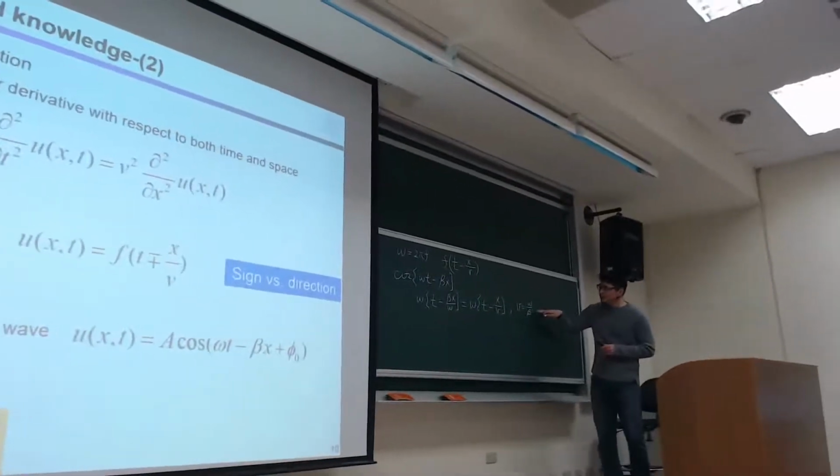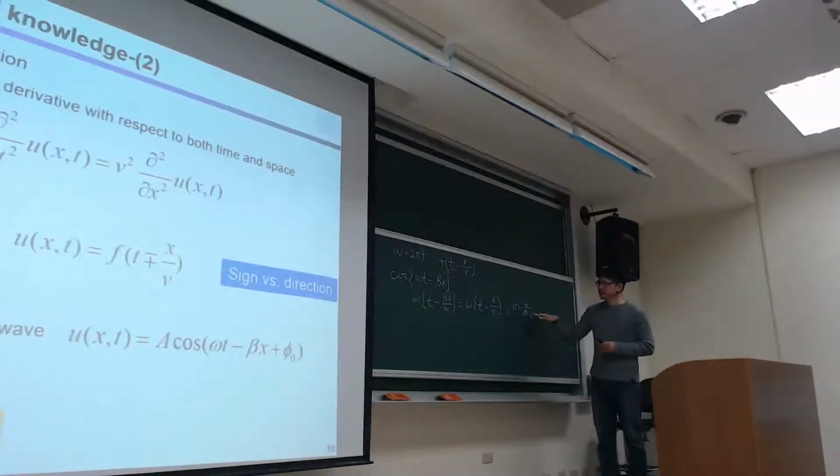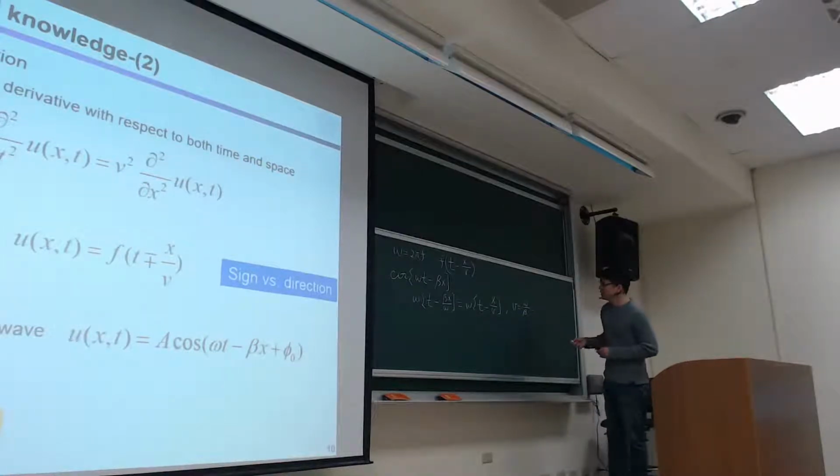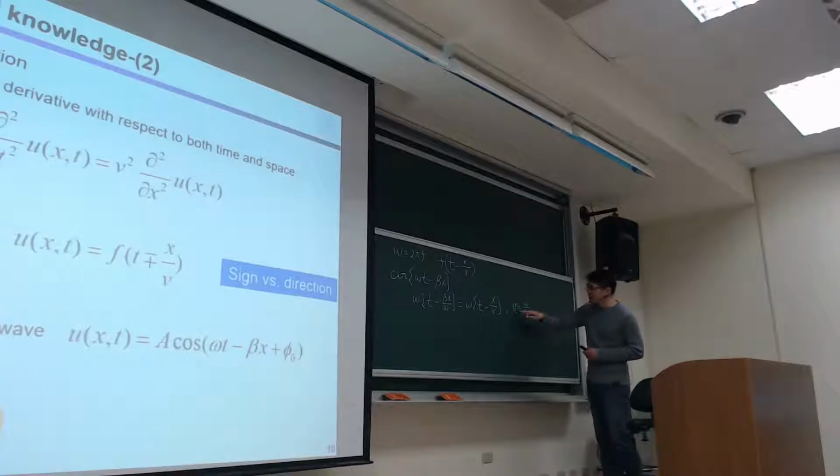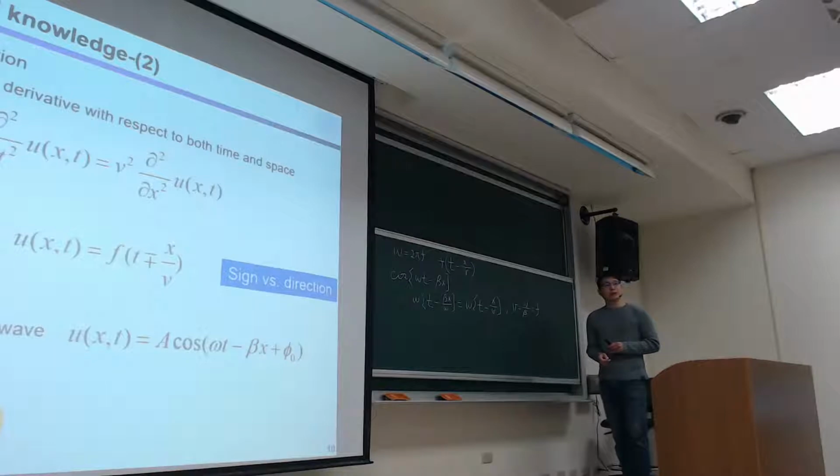So from this formulation, we can now understand what beta stands for. Because we already know that for any wave propagating in space, the velocity is determined through the direct multiplication of frequency and the corresponding wavelength.